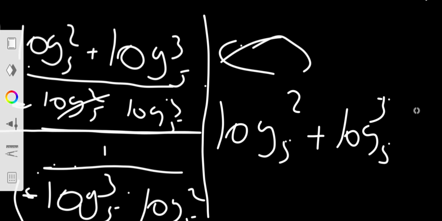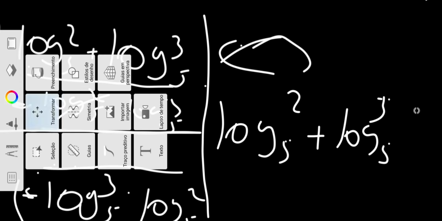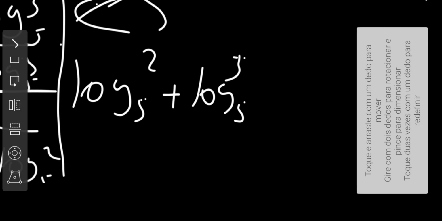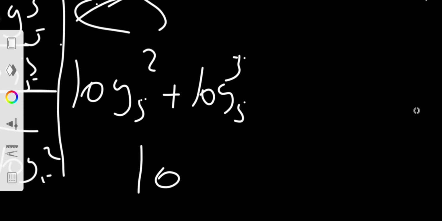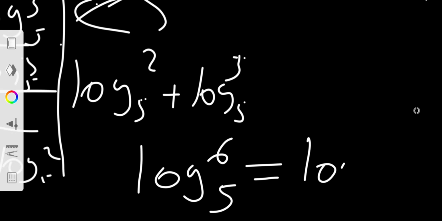Well, we can put them together in the same base. They are already in the same base. If we're summing, we multiply, right? So log of 6 in the base of 5. And you said that this was what? Log of something in the base of 5.